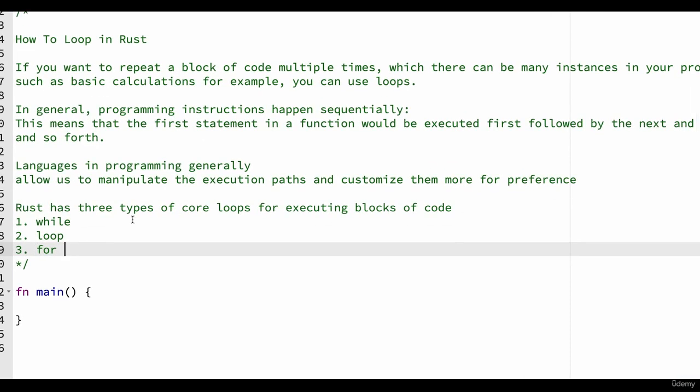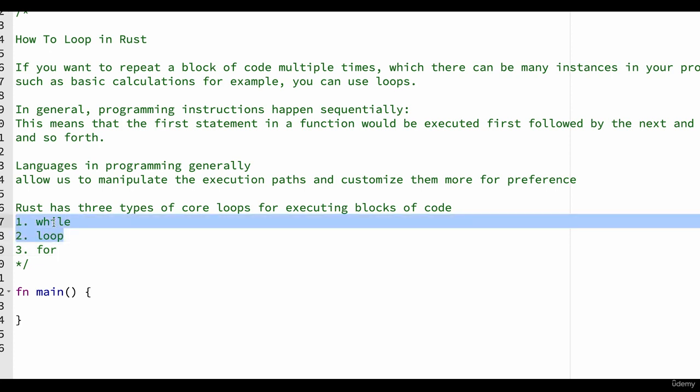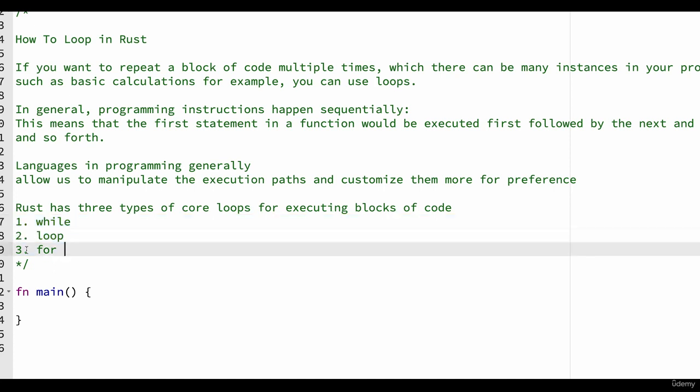And you could actually categorize these 3 loops into 2 categories. The while and the loop would be indefinite type loops, and the for loop is a definite type of loop. What that really means is that for the for loop, which is definite, we set up the parameter of when the loop starts and when the loop ends, okay?